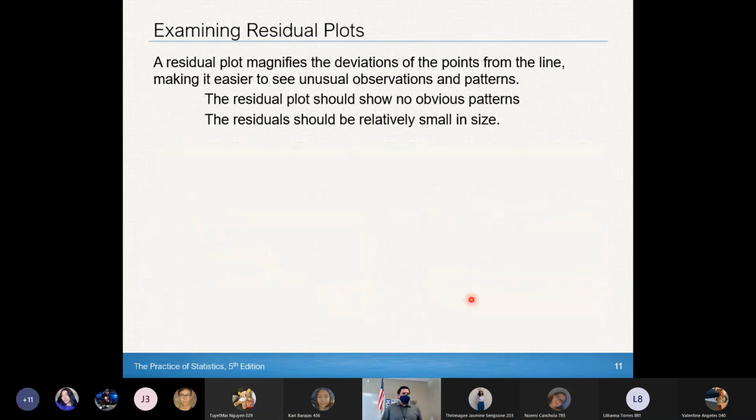A residual plot magnifies the deviations of the points from the line, making it easier to see unusual observations and patterns. The residual plot should show no obvious patterns, so it should just look like a big old scattering of points. And the residuals should be relatively small in size.